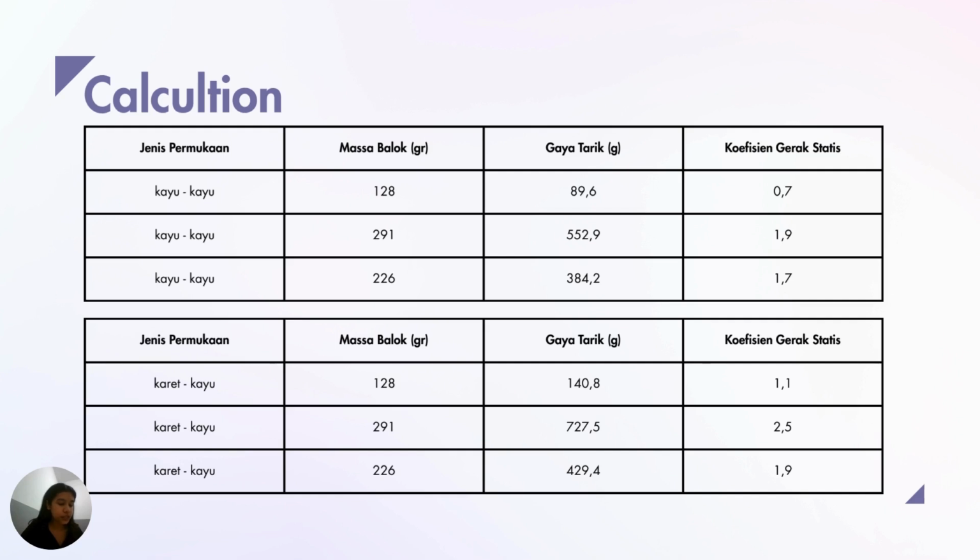In this first trial, the block had a mass of 128 gram and the maximum pulling force was 89.6 gram, resulting in 0.7. And you can see the second trial, third and others.